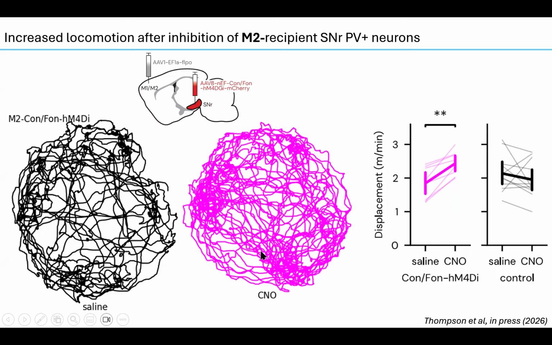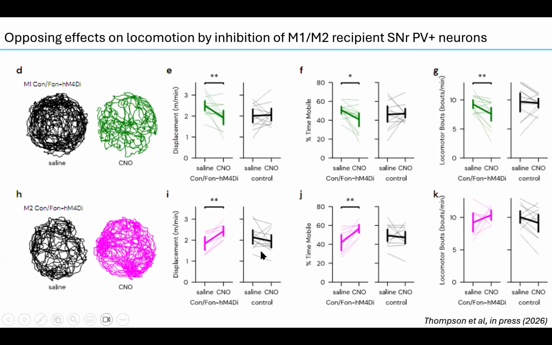So they had a differential effect on locomotion, whether we study the M1 or the M2 projecting population. And here's all the data. So the kinetic parameters showed a differential modulation of locomotion, depending on whether it is M1 or M2.